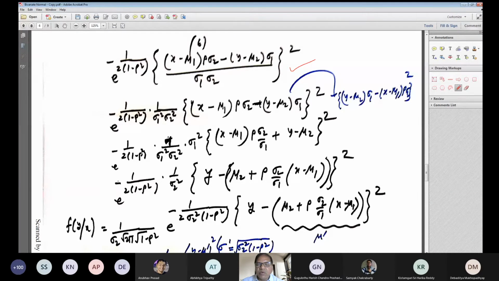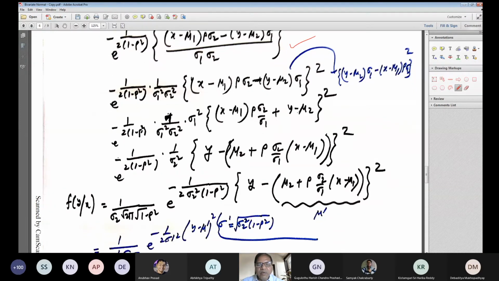Then you have x minus mu1 rho times sigma 2, y minus mu2 sigma 1. So what we have done now is that we have taken sigma 1 square common. So x minus mu1 rho sigma 2 by sigma 1, y minus mu2 sigma 1 square we are taking common, so it becomes a square, and then here you have to adjust.